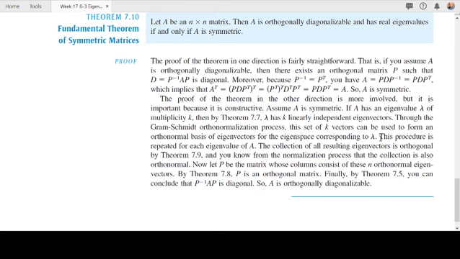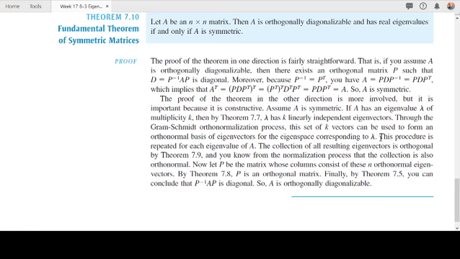So by Gram-Schmidt, we have them orthogonal. Finally, we normalize them by dividing every vector by their norm to get a collection of orthonormal eigenvectors.